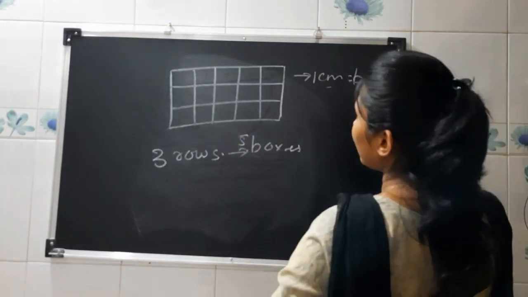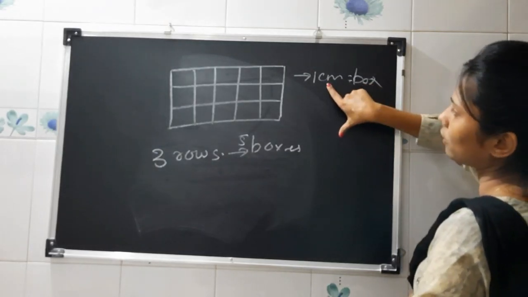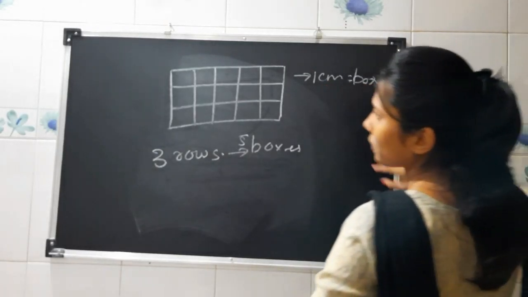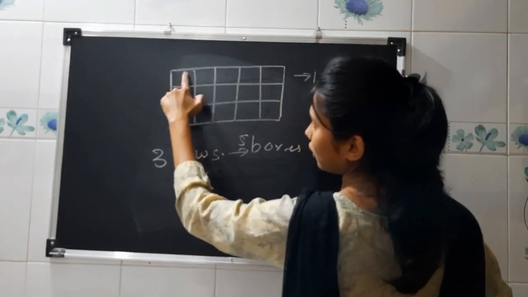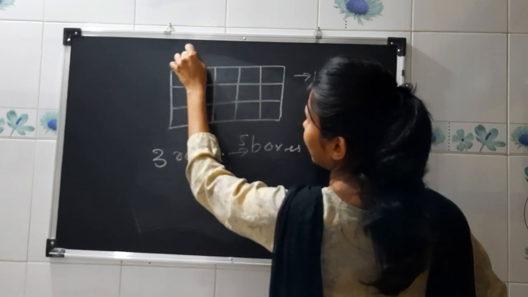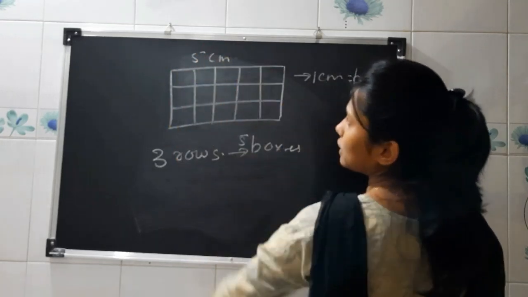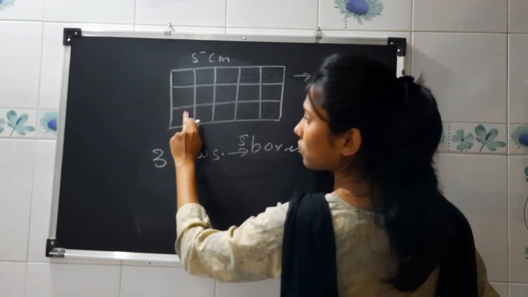So we have assumed that one box is equal to 1 centimeter. So there are how many boxes? Horizontally 1, 2, 3, 4, 5. This means the length of this rectangle is 5 centimeter and vertically there are 1, 2, 3 boxes.